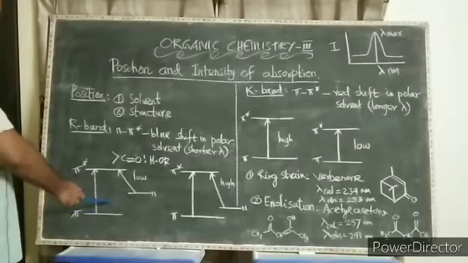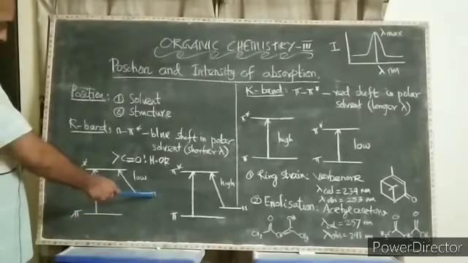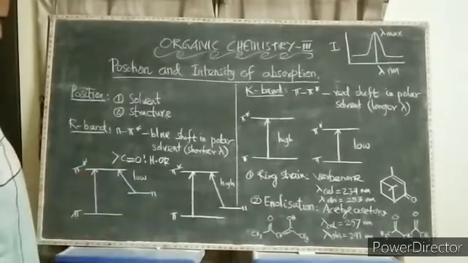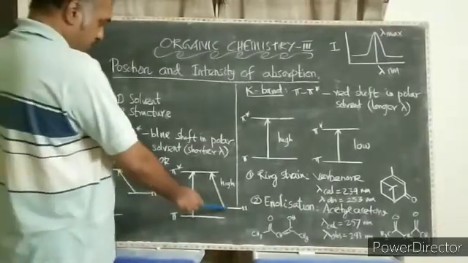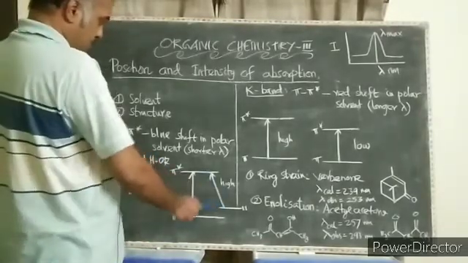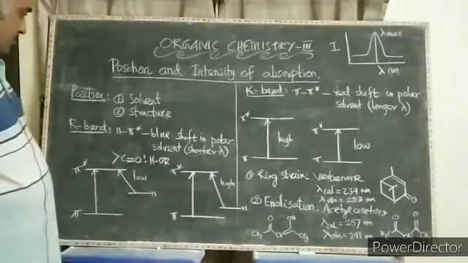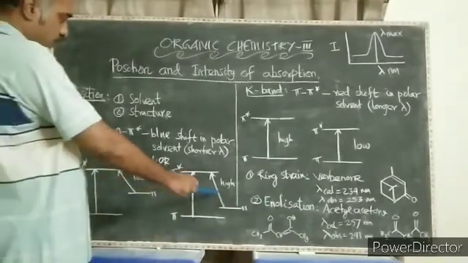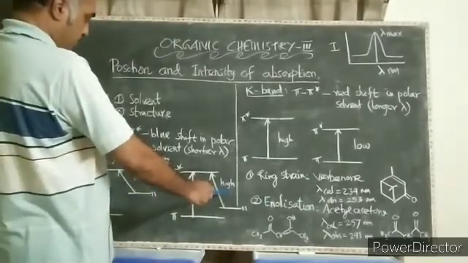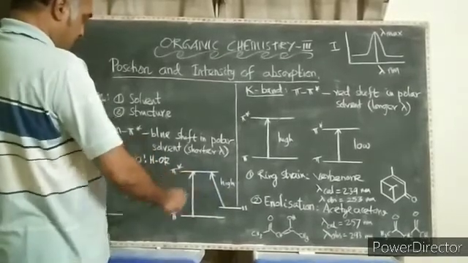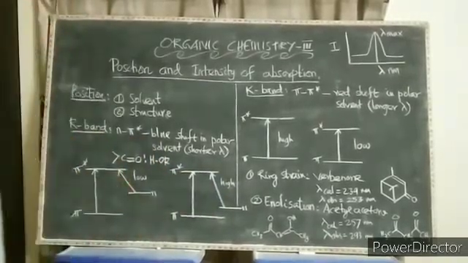In the first schematic, the gap between the n and pi star is low, but in the second, the n and pi star gap is high, which means a large amount of energy is necessary in order to promote the n electrons to the pi star level compared to the original situation. How does this happen?